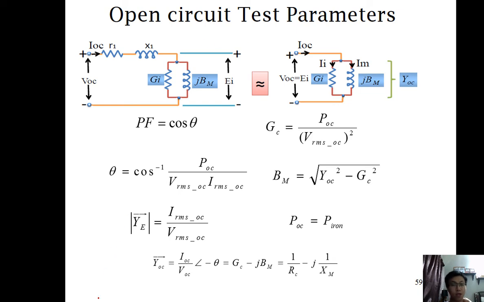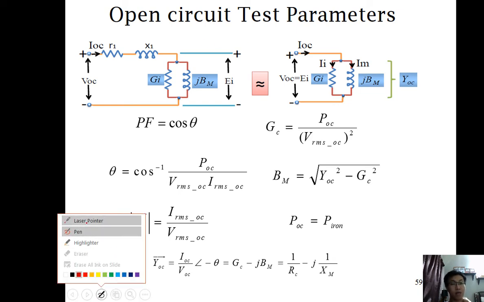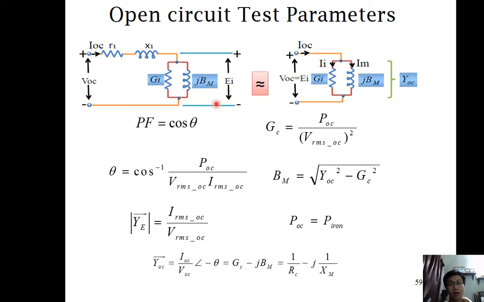So just to make a brief summary, open circuit test parameters. They will give us the P_OC, V RMS, and I RMS. The problem is we need to find out the R_C and X_M. So given P_OC, V, and I, I can find my theta.